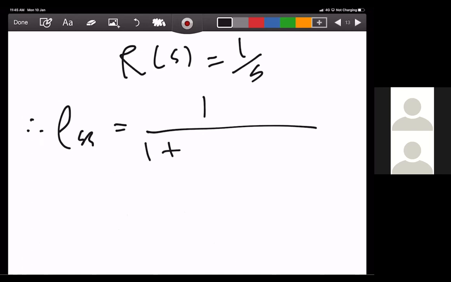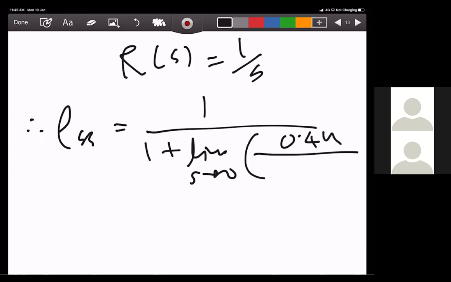plus limit S to 0, 0.4K over 0.8 S square plus 2S plus 1.2. Okay.